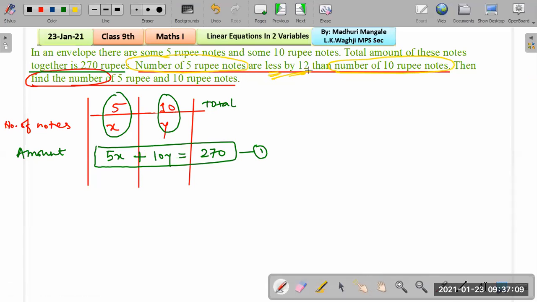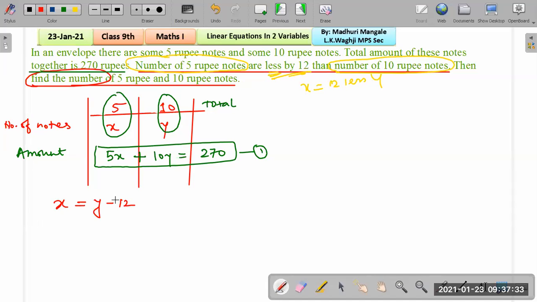It means that if this is y and this is x, x equals 12 less than y. As per the second condition we can say x equals y minus 12. Whatever be the number of 10 rupee notes, the 5 rupee notes are less by 12.